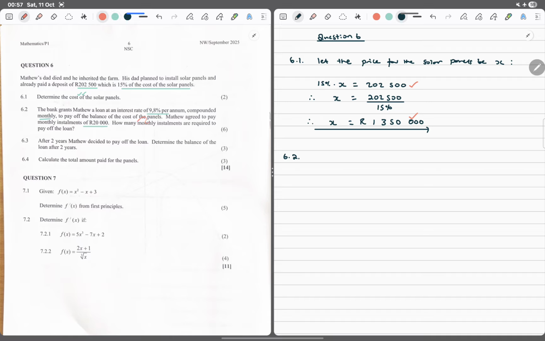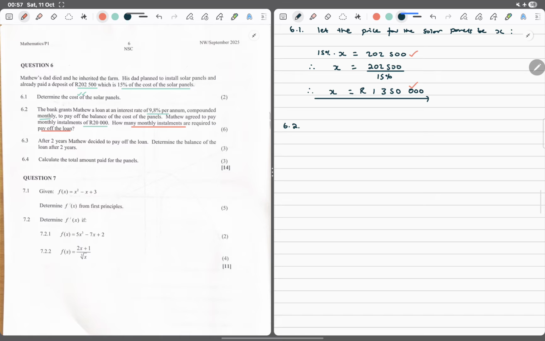Now the question is, how many monthly installments are required to pay off the loan? Okay. So obviously, folks, this is very important. I always advocate for a timeline, even if it's too easy. But remember, before we can get this, we need the loan amount, isn't it?